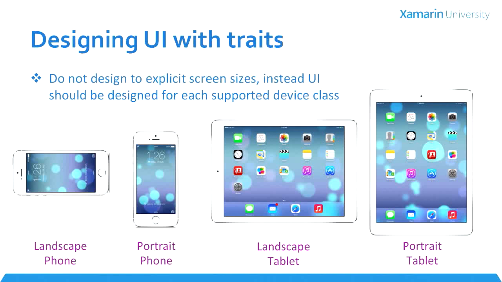So instead, the goal should be thinking about designing in the general sense for the class of device, or possibly even more abstractly as well. But presently, a good place to start is thinking about a landscape phone and a portrait phone, not those devices specifically or specific variations of the iPhone, but just a phone in general, and as well the tablet in landscape and portrait mode.